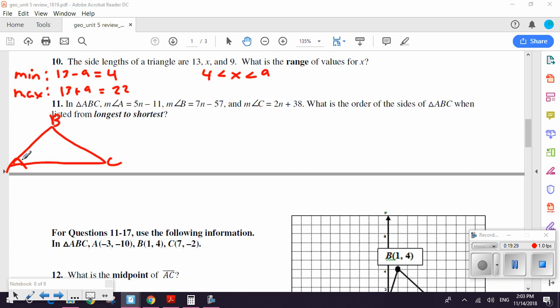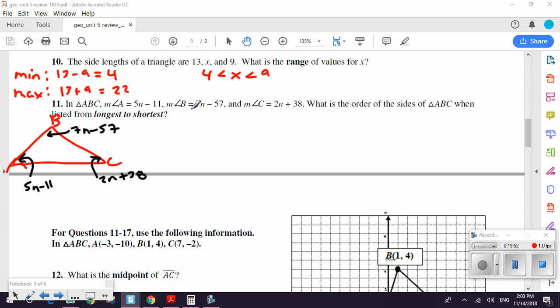So A, that's an angle, it goes inside, so 5n minus 11. B, again, goes inside. I just don't have enough space right now, so 7n minus 57. And then C was 2n plus 38.